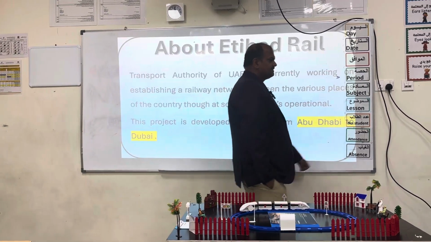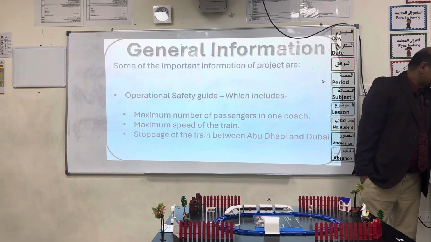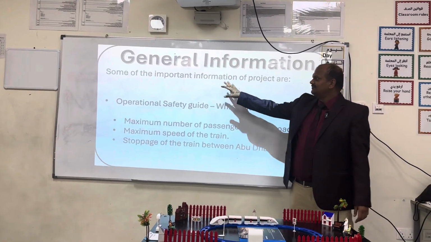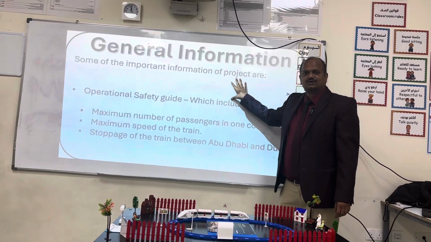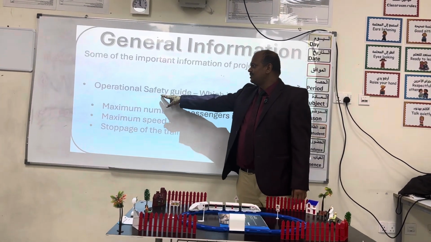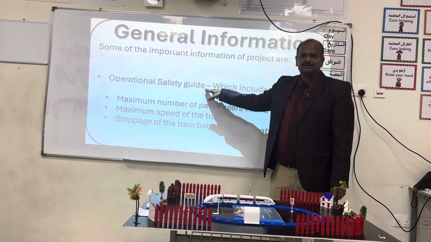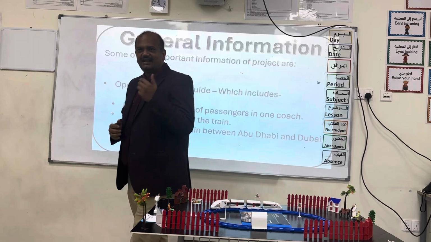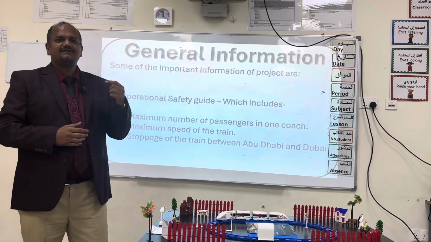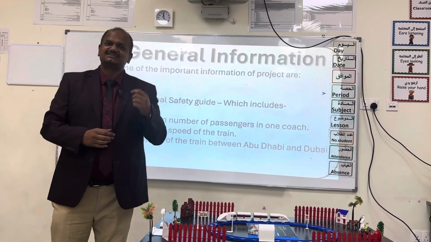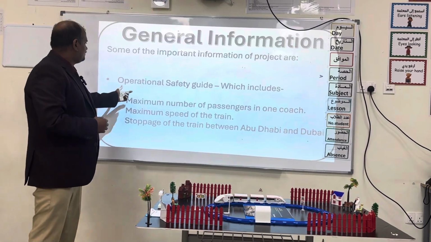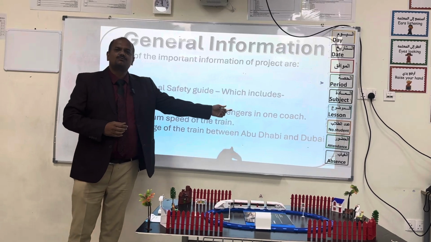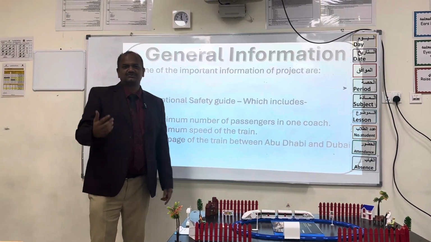Okay, now some of the basic information is here. Some general information about my project. When this project starts working, first comes the operational safety guide, meaning how safe passengers will feel, or where they will have some extreme conditions to be taken care of. The operational safety includes the maximum number of passengers in one coach, or you can say in one train.